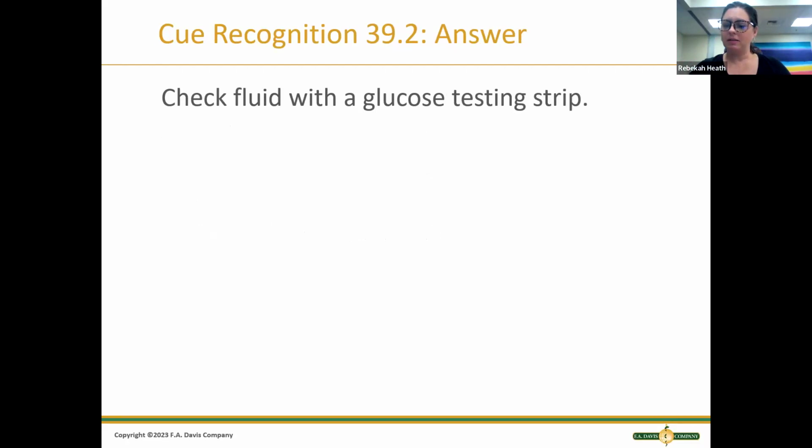Why do we do that? Well, if it's not CSF, will it have glucose in it? No. Does your cerebral spinal fluid have glucose? Yes. So if you get a glucose reading, that means it's probably cerebral spinal fluid. And that's a problem because we do not want cerebral spinal fluid leaking from our nose when we have a surgery that way.